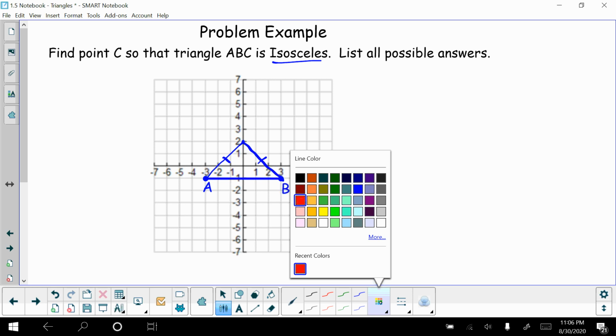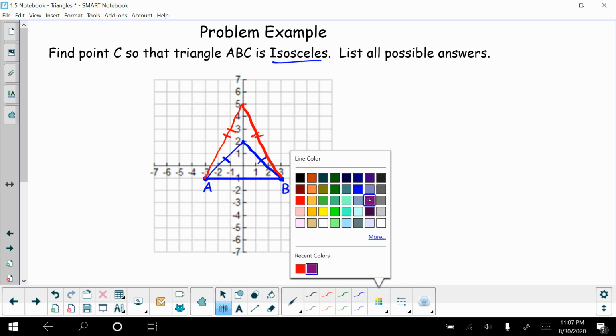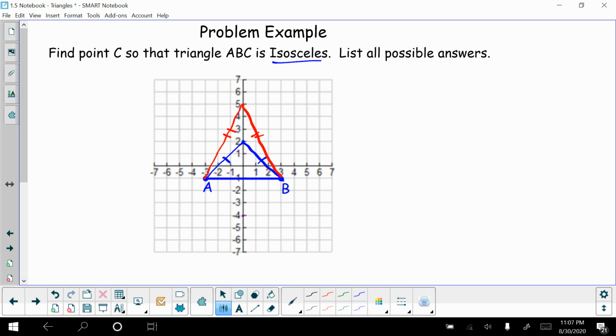I can also put a point even a little higher, and those two sides would still be congruent. I could even go down here and connect like this. And you're probably saying, well, you could do that all day long. You can pick infinitely many answers, and that is correct.